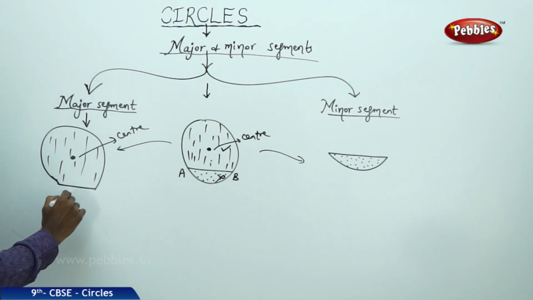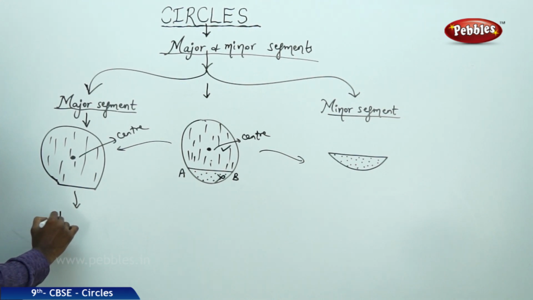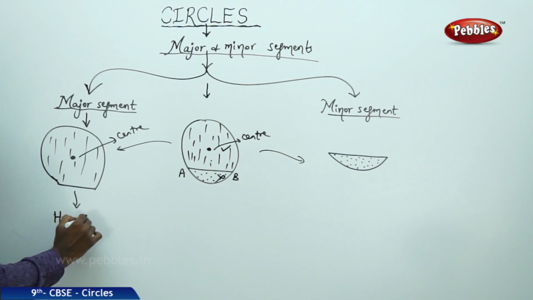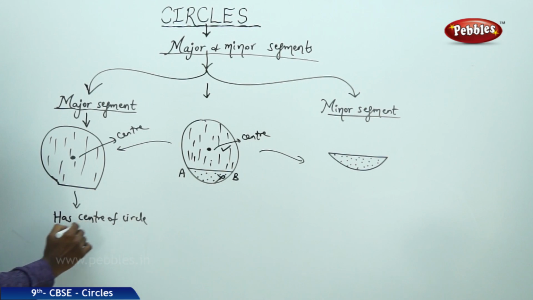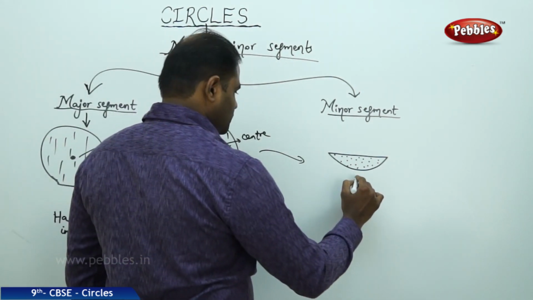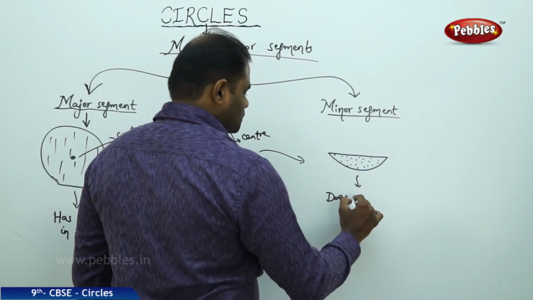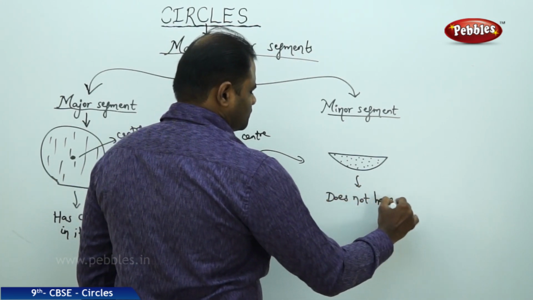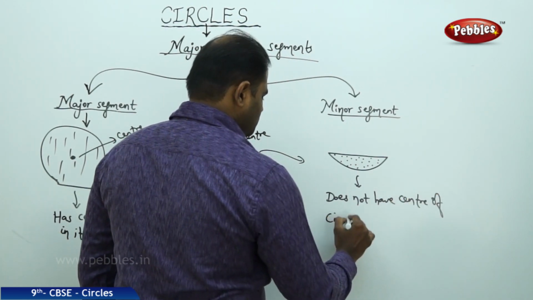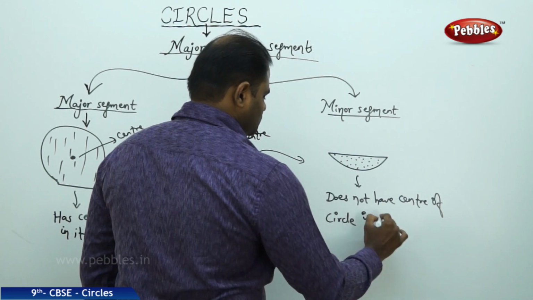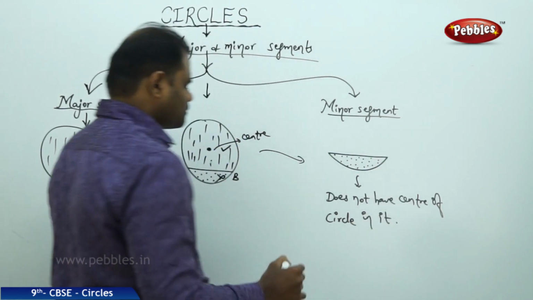So a major segment is a segment which has the center of the circle in it, and the minor segment does not have the center of the circle in it.